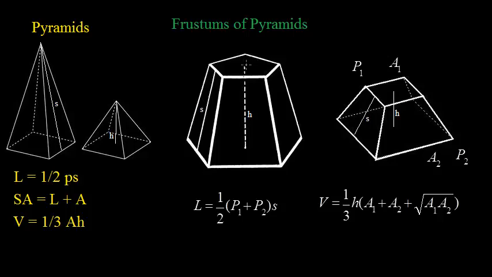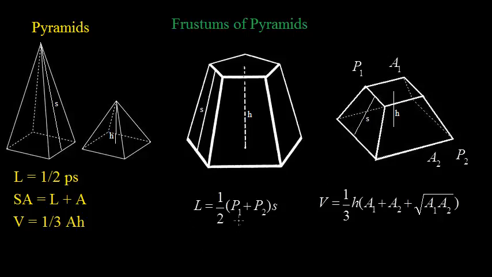Right? The distance from the top down to the base, that perpendicular height, right? That's the height of our frustum of a pyramid. And then that distance from the top down to the base along one of the sides is our slant height. Same here, right? Our height, again, perpendicular to each base. Slant height going along the side of the frustum.